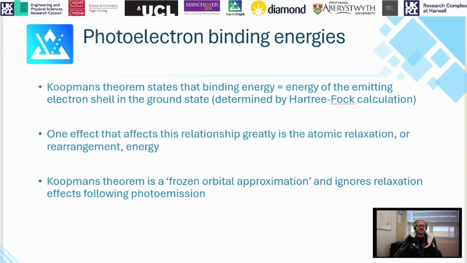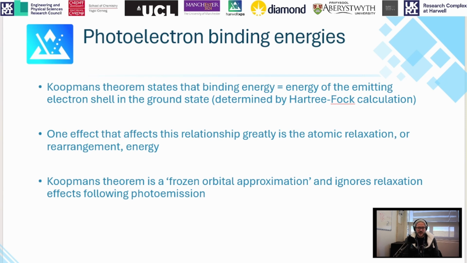That's basically it. However, we know that when we have an excited state like this, when we've removed an electron from a core orbital, this is not going to be the most energetically favorable configuration. So the atom is going to respond to the creation of this core hole in some way, and it does that by rearranging some of its electrons to fill that core hole and lower the overall energy.